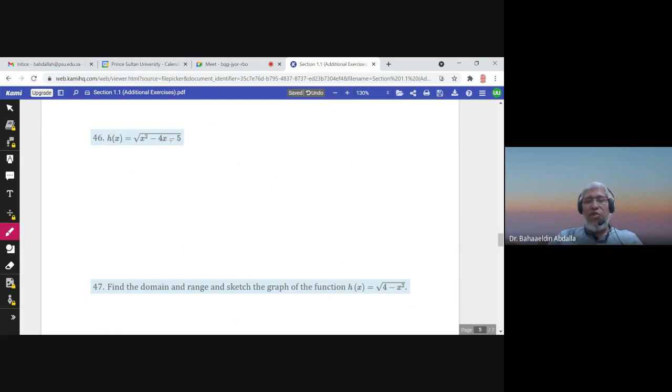Here I have a square root, so x squared minus 4x minus 5 should be greater than or equal to 0. If you factor this trinomial, x squared, you can write it x times x, and you search for two numbers, their product is negative 5, their sum is negative 4.